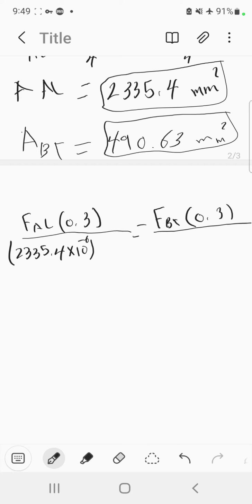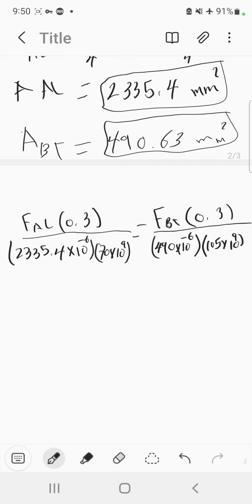And the E for this one is 70 times 10 to the power 9, because it's in gigapascal. And the area for the brass is 490 times 10 to the power minus 6, and the E for the brass is 105 gigapascal.